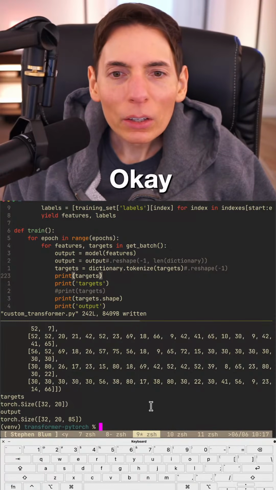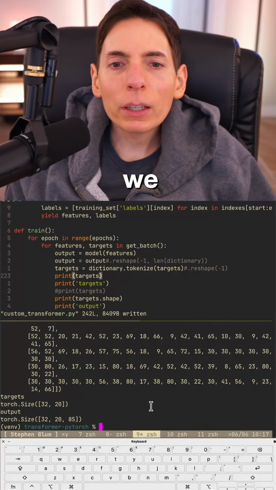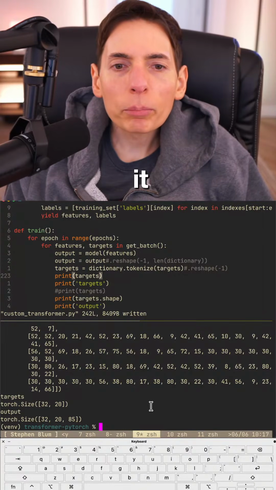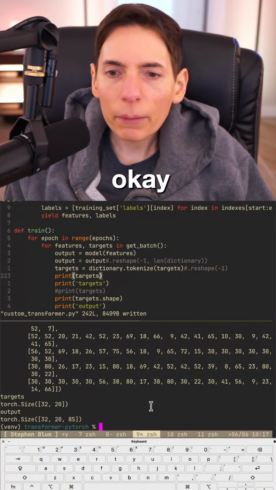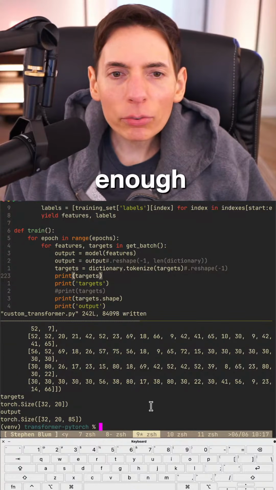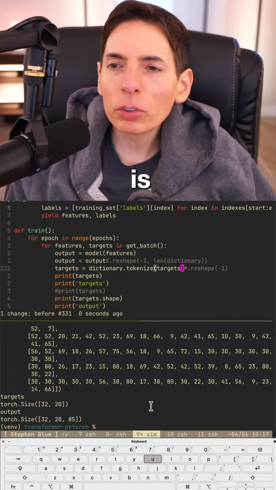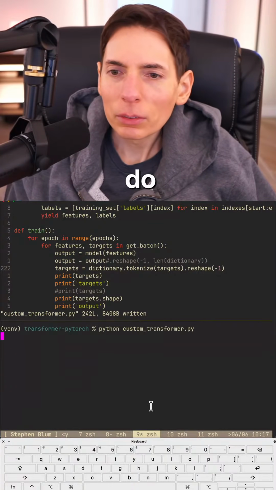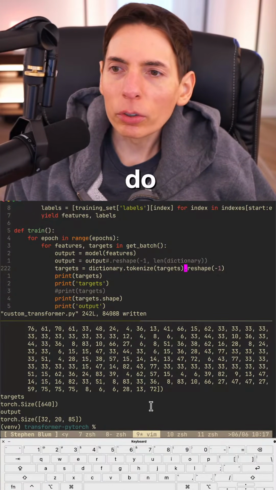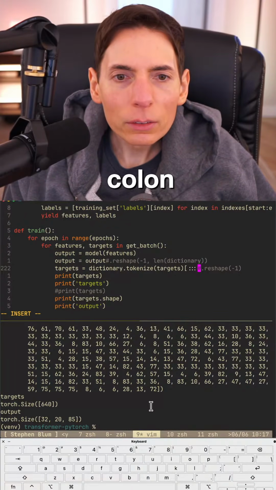Okay. You just need to project it, 32, 20 to 1. Oh, so how do we project it up to 32, 21? A simple index is enough. Okay. So is that what the reshape is going to do? Let me double check here. No, that won't do it. Let's do what you said. All right.